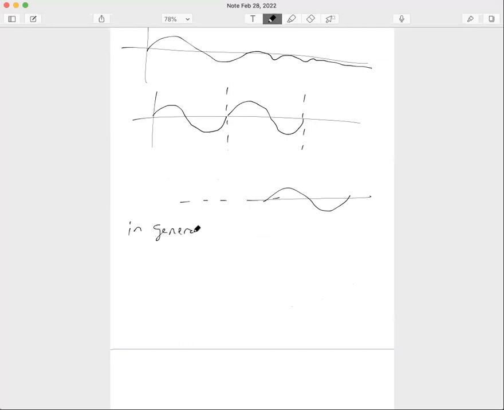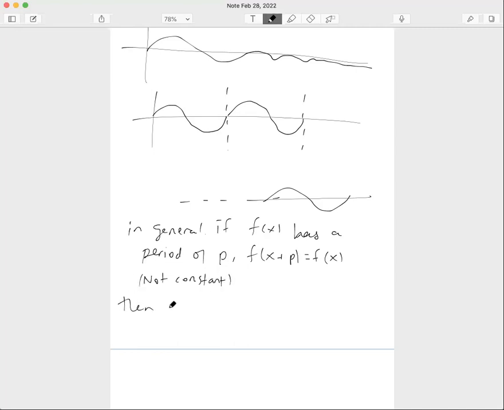That's something we can say in general. If f of x has a period of p, where it repeats and is not constant, then the limit as x goes to infinity does not exist.